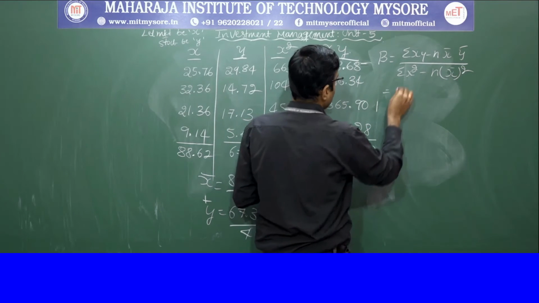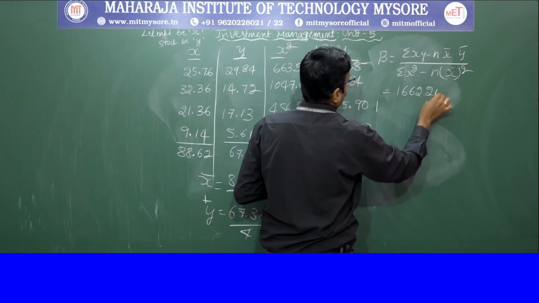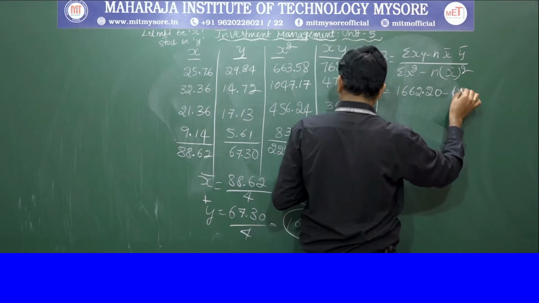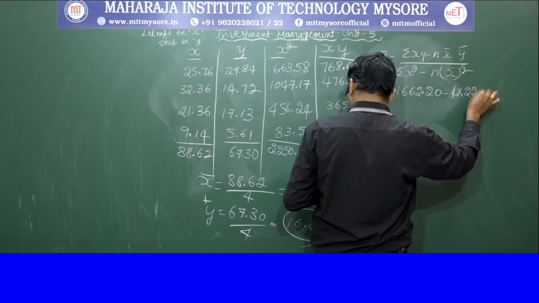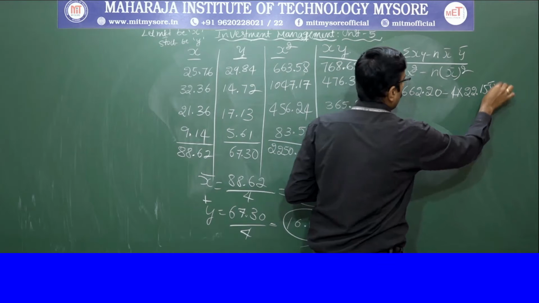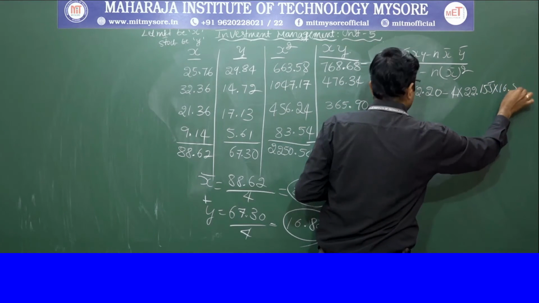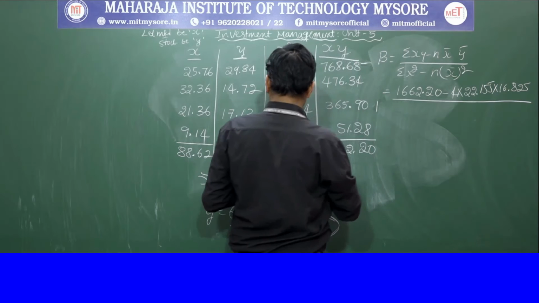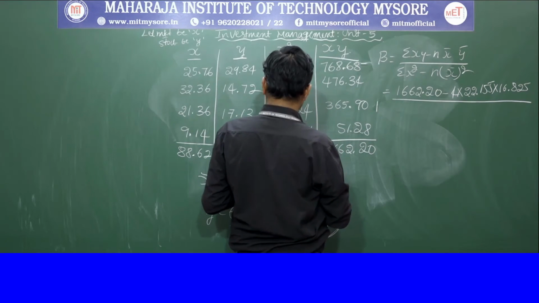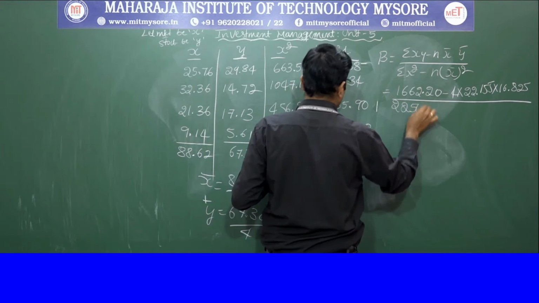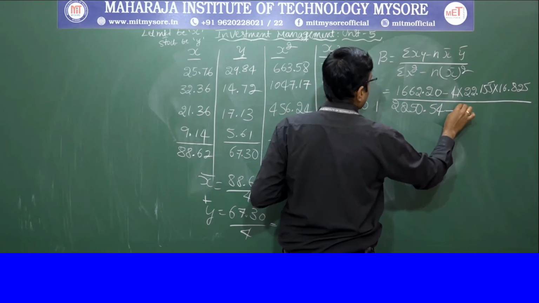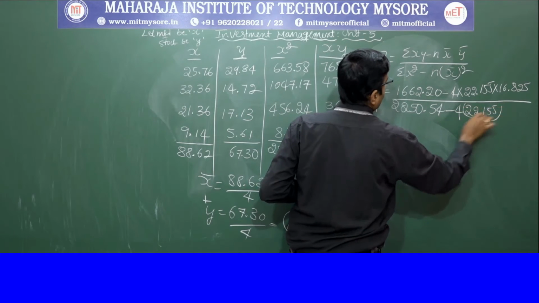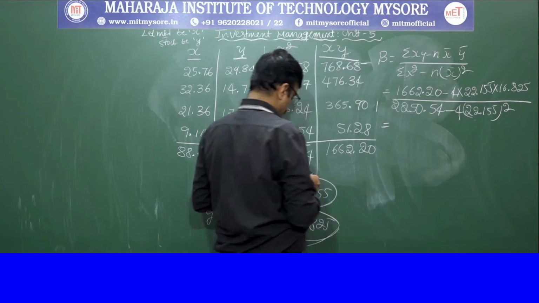So sigma XY is 1662.20 minus n is equal to 4 into X bar 22.155 into Y bar 16.825, divided by sigma X square, which is 2250.54 minus n is equal to 4, X bar means 22.155 whole square.